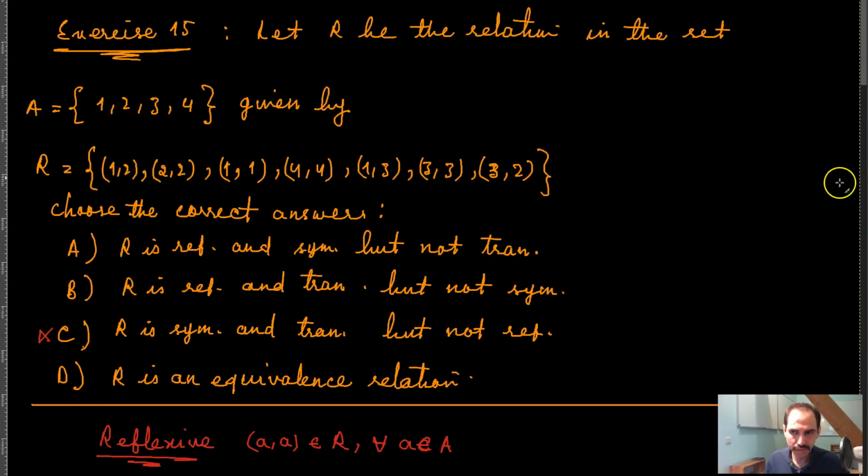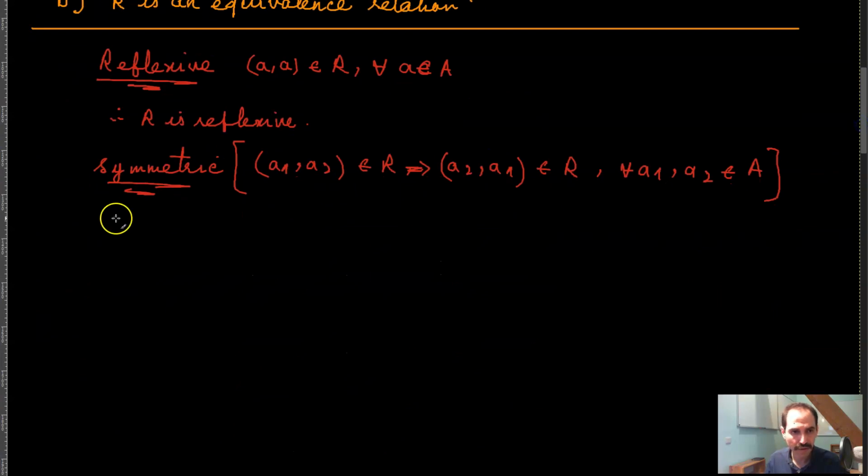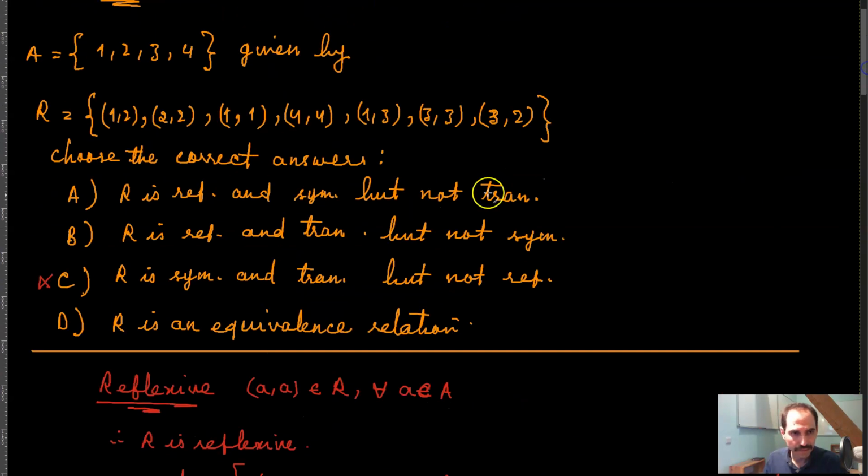So R is not symmetric. Therefore, R is reflexive and symmetric is wrong.